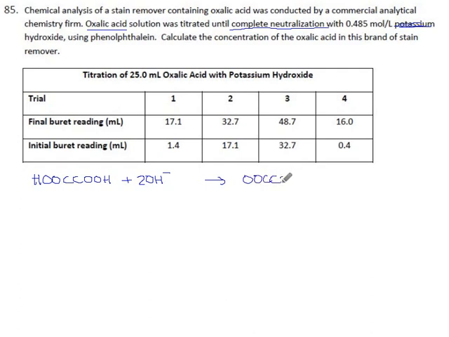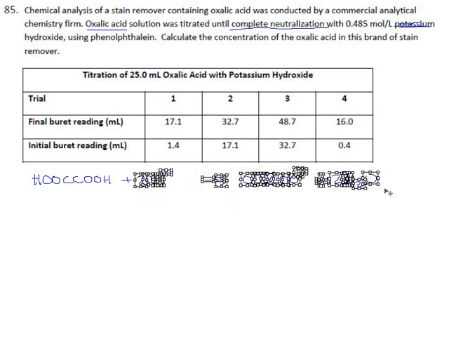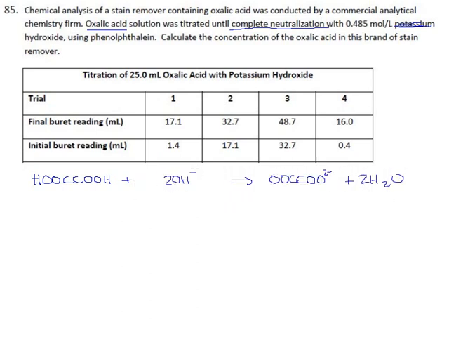This oxalic acid will get stripped all the way down to oxalate ion, and two waters will pop off it. But the part we really care about is the 2OH, that the ratio of these things is 2 to 1. You know that's going to come up when we're finding our numbers of moles.